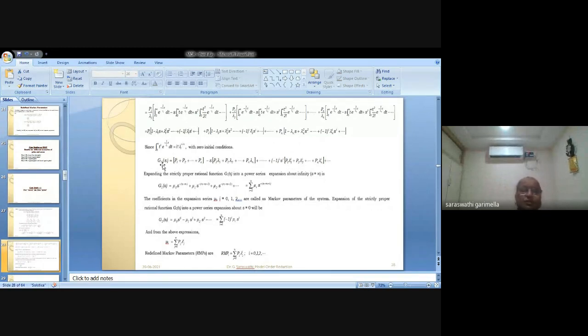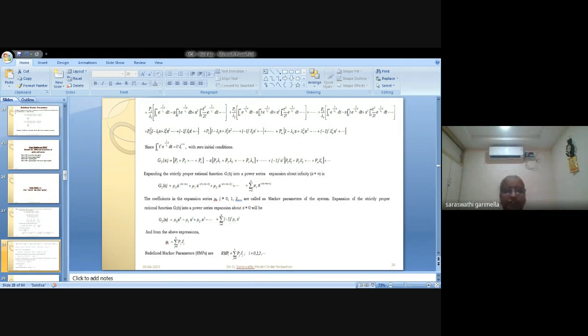So then all these s's again I took as common. So then G2 s will be like this. So in the slides, when I defined time moments and Markov parameters, I used this expression again. So I am equating this to this, then I will get mu 0 s to the power of 0, mu 1 s to the power of 1, and so on. And this is the summation you take.